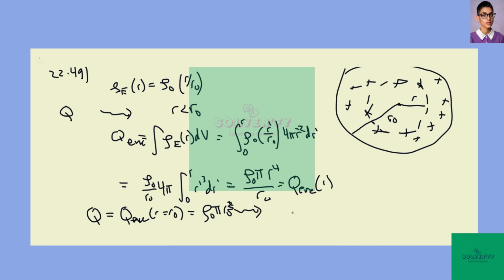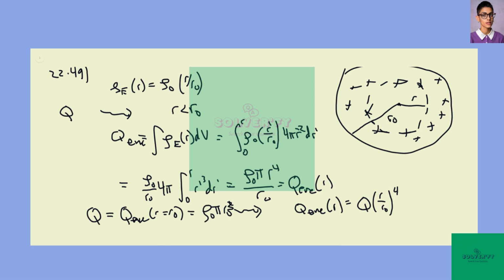So if we want to write charge enclosed as a function of r, this now becomes the total charge times r over r naught all to the 4th. Cool. So now we have the charge enclosed as a function of r and Q.